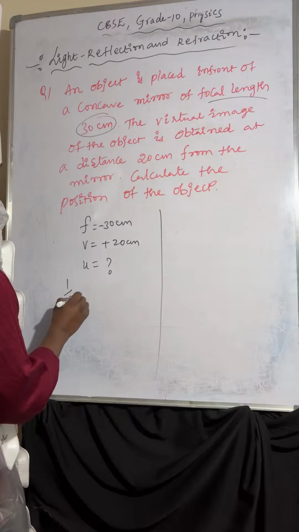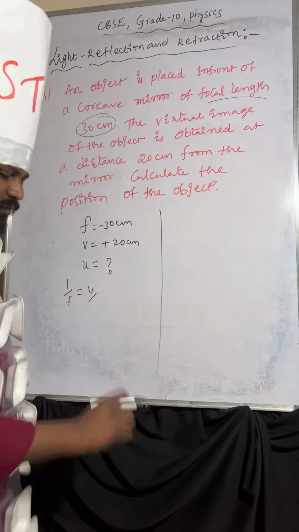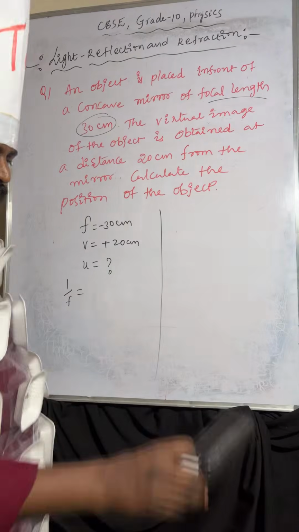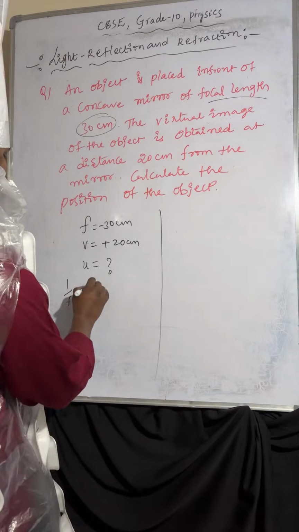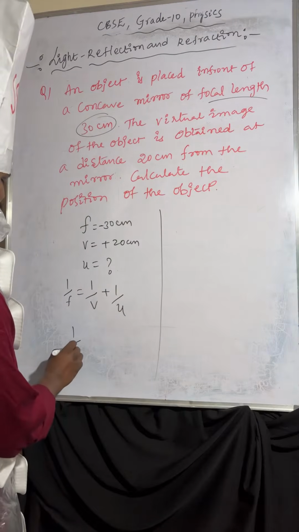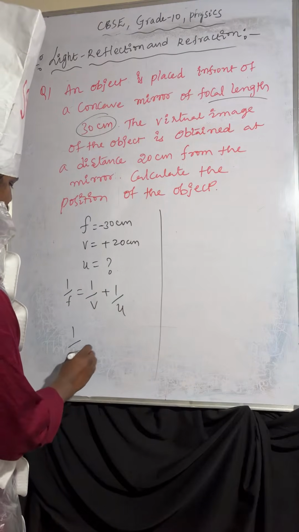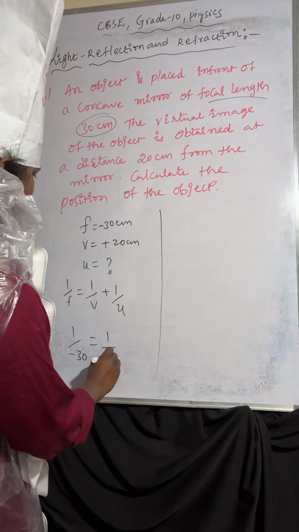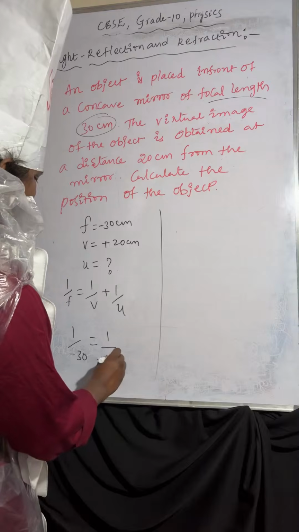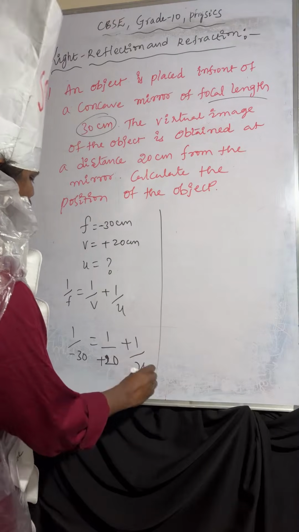We know 1 by f equals 1 by v plus 1 by u. So f is minus 30, 1 by v, v is plus 20, plus 1 by u.